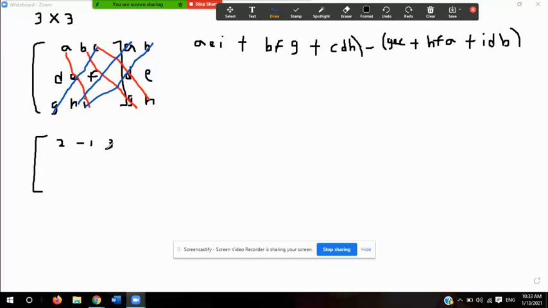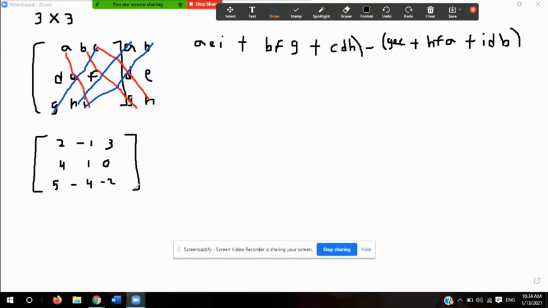The second row is 4, 1, and 0. And the last row would be 5, -4, and -2.